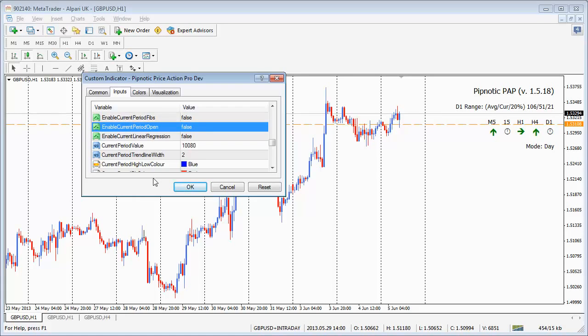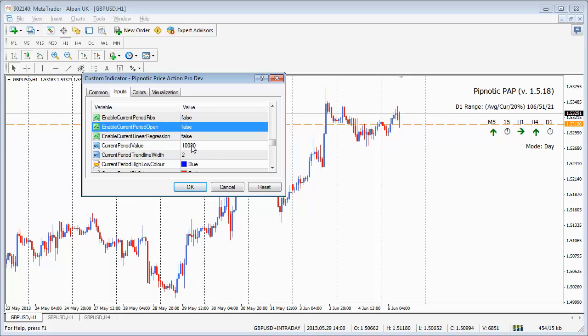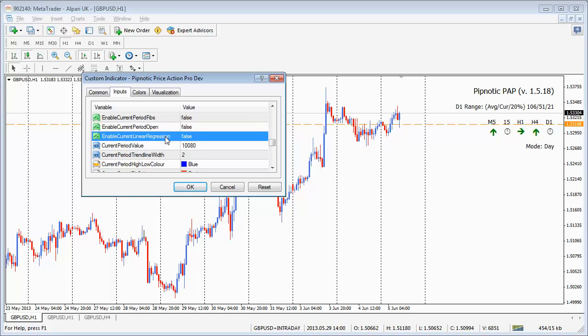Enable current period open enables the open price for the current period. In this case, we have a week. So this line will draw the open of the current week. And here, similar to the previous period settings, we have the enable current linear regression.